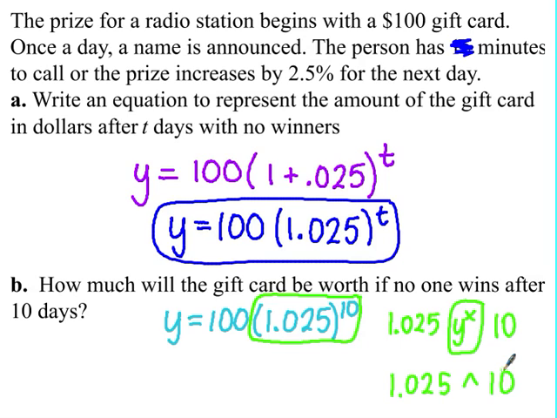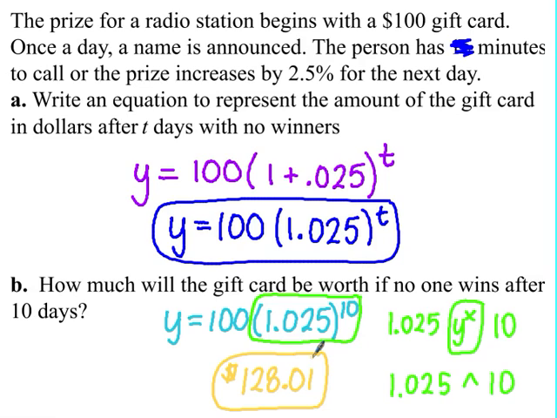So 1.025, hit the y to the x or the caret key, then hit 10, press enter, then take that answer times 100. What did you get? I got 1.28008454, so $128 and what would it round to? 1 cent.